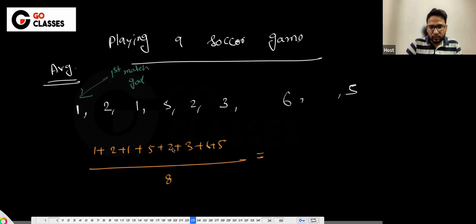This is 1 2. Okay, 1 is coming 2 times, plus 2 is coming 2 times again. Maybe let's say that 2 is coming 3 times. I mean, just for the sake of example, I'm saying that okay, 2 is coming 3 times. Okay, so this will be 9. Anyway, it does not matter. Just for the sake of example, I'm saying 2 is coming 3 times.